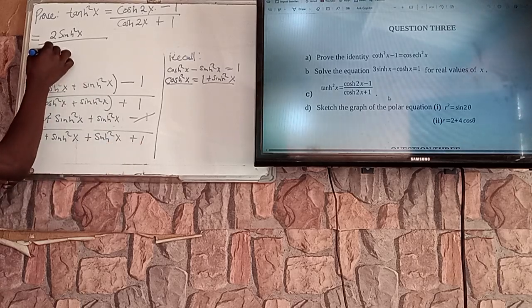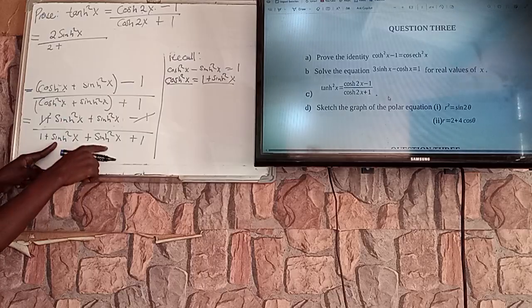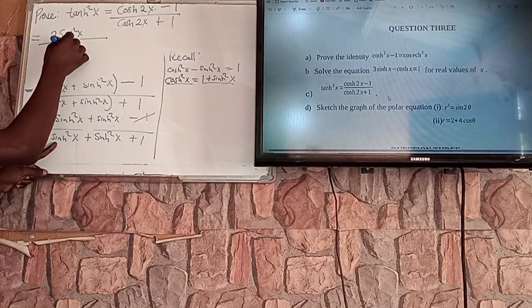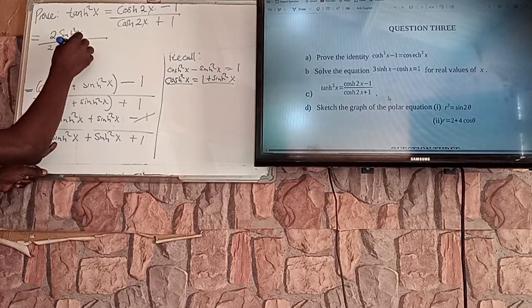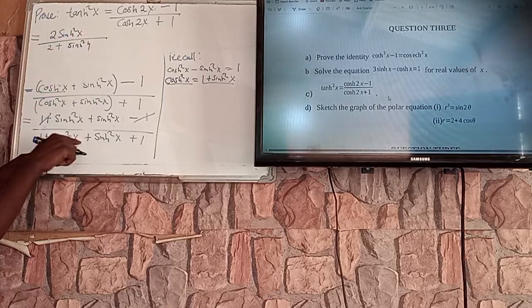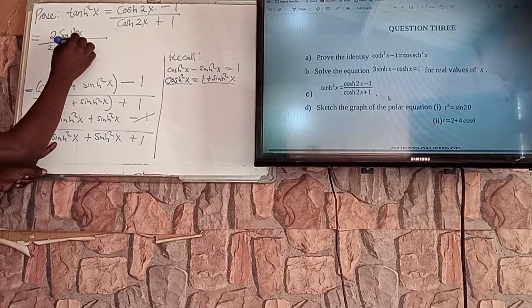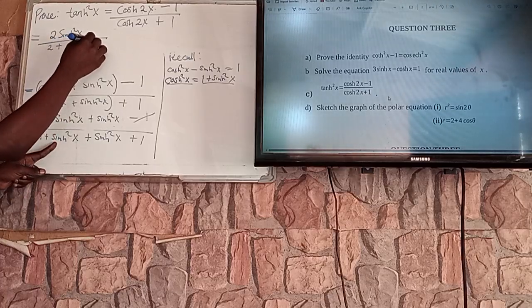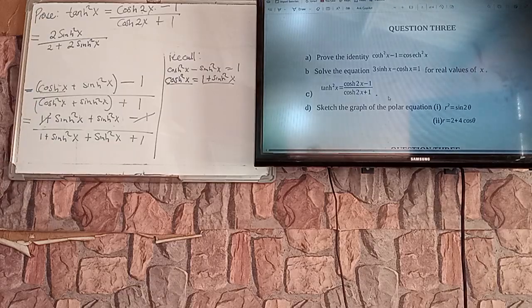So I'm going to have 2 plus this, I'm going to have what? This is sine squared x, this plus that to be 2 of them, 2 sine squared x, in that manner.